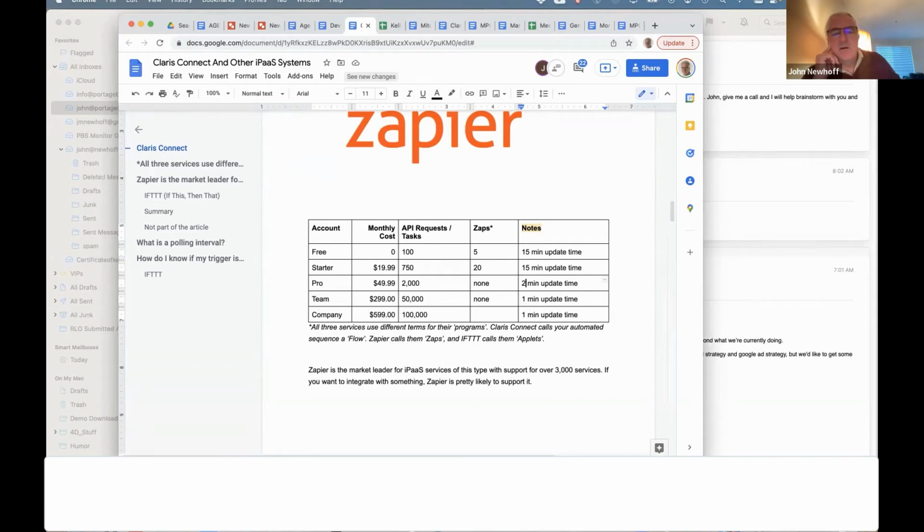Zapier calls it a polling interval, and they quote this number. They have some connectors, some actions in their connectors that have the word instant by them, and those actions are not subject to this time limit or this update limit.